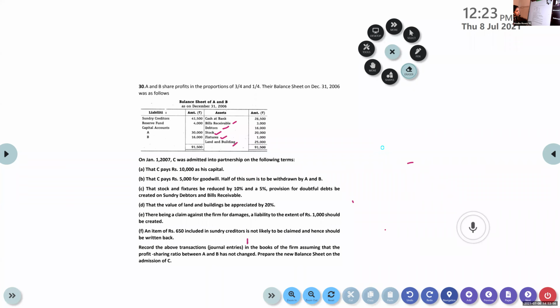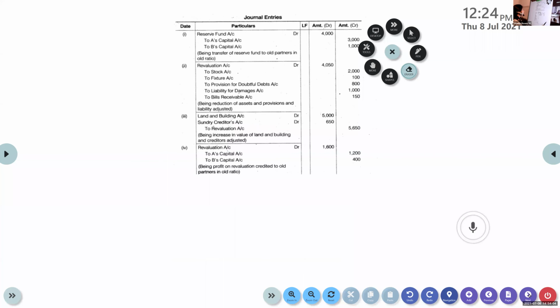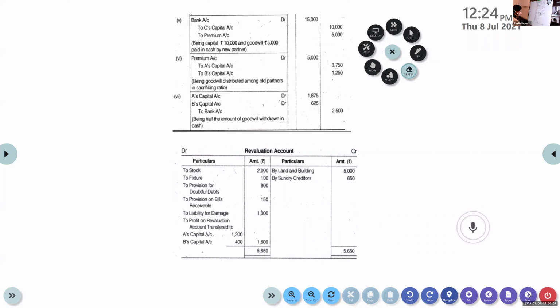Now, record the transactions. Let us prepare the revaluation account. I hope all of you are having textbook page question number 30. Let's prepare the revaluation account first. Land and building, 5,000 increase.